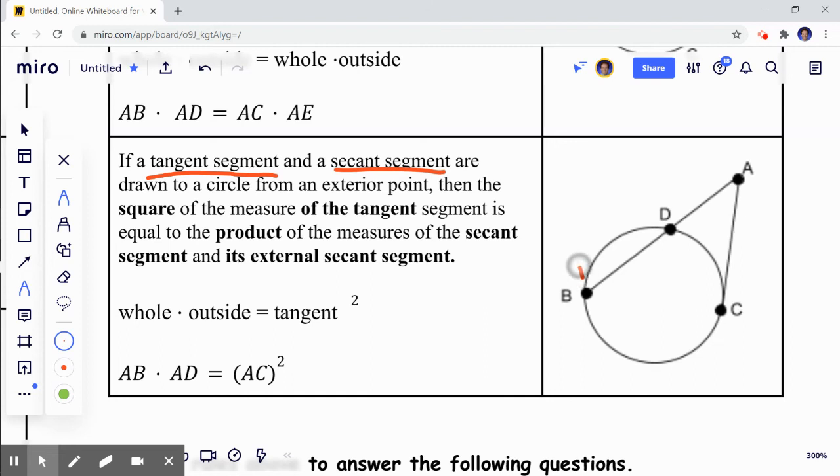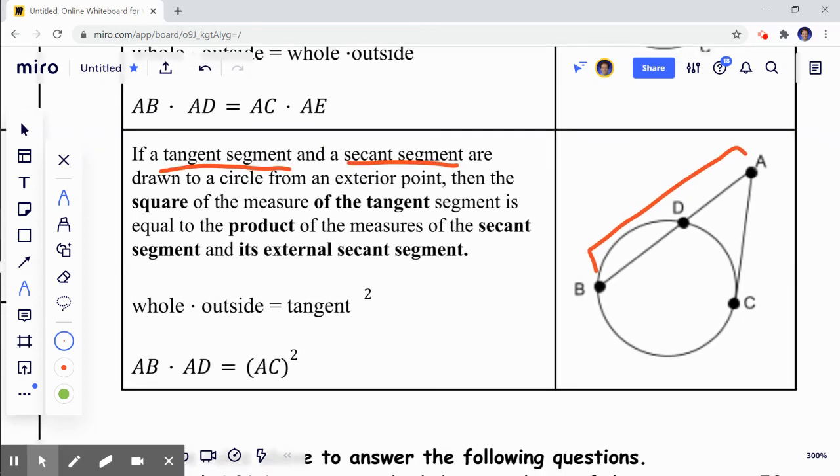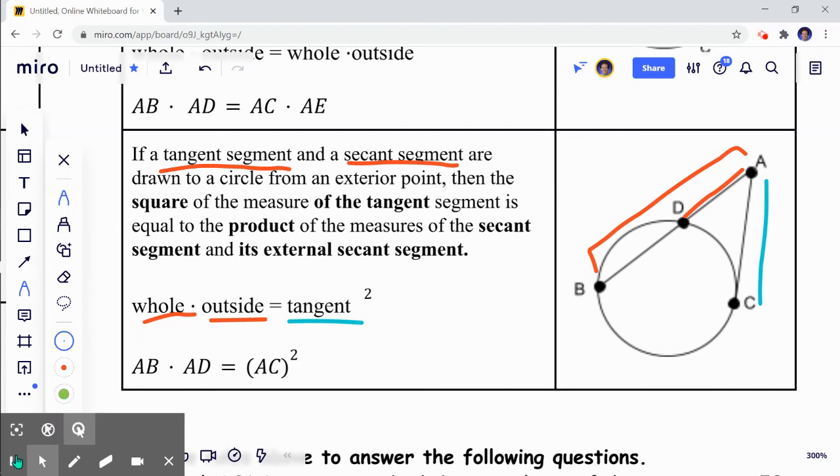Just like on the last rule, you identify the whole length of the secant, multiply it by the outside segment of the secant, and then set it equal to the tangent measure squared. Let me show you an example where that would happen.